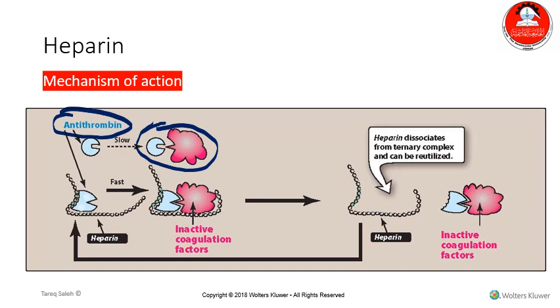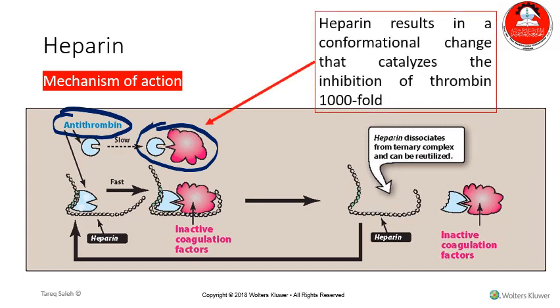So what heparin does is that it binds to antithrombin 3 and forms a complex, resulting in enhancing the activity of antithrombin, which results in catalyzing the inhibition of thrombin 1,000 times more than its normal activity.